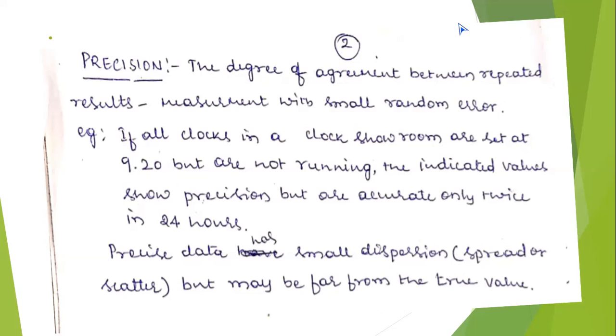So the precision of the instrument is very, very important for any measurement. The data should be very, very precise. For example, if you set the clock to 9:20 in the clock showroom, that data is precise in the morning and in the night.